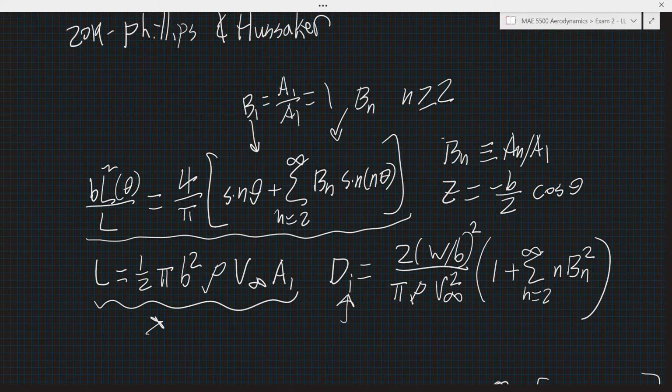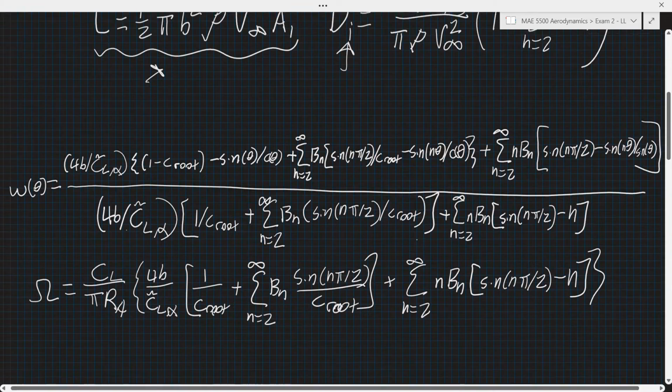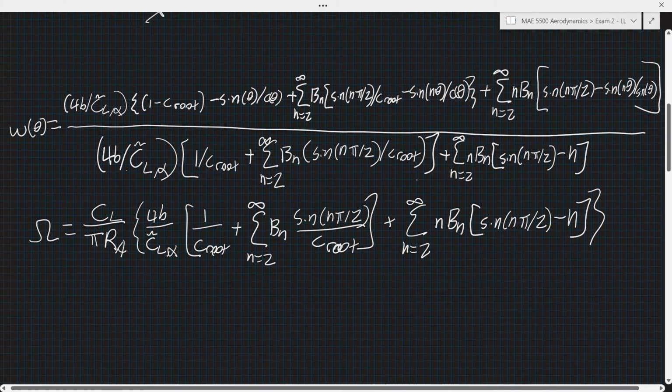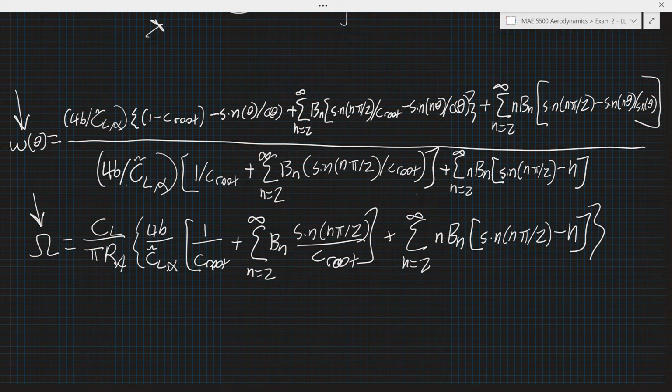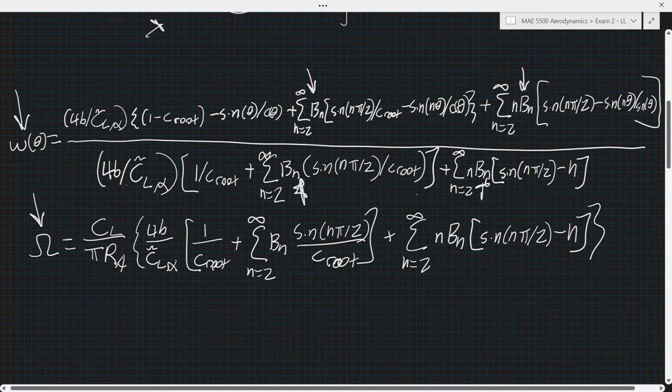That's our lift distribution, and this is our minimum induced drag, given this series sum of B sub n coefficients. What Phillips and Hunsaker found was that this twist distribution right here and this twist amount satisfied those equations. You can see it can get pretty hairy, and that's a big reason why I didn't want to write it out for you guys. But you'll notice all these series sums of B sub n's, and what they looked at was, what if we take Prandtl's bell-shaped lift distribution?